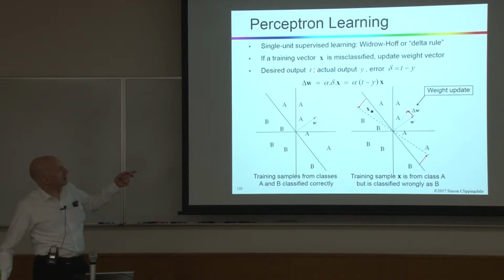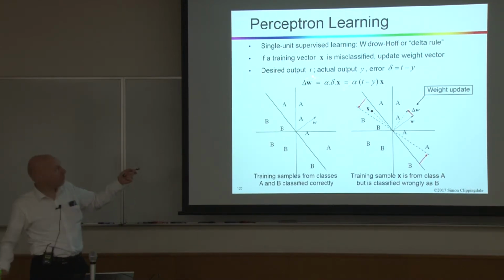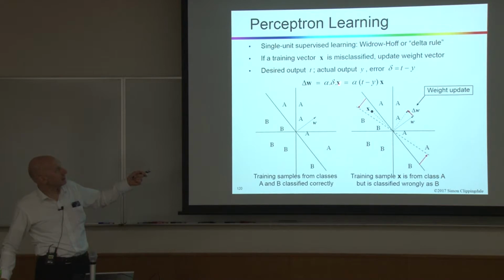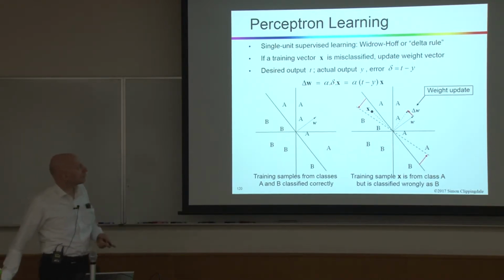So if your desired output is t and your actual output was y, so that your error is this thing called delta, t minus y, the learning rule is that you increment, slightly shift the weight vector by this thing, which is some constant times delta times the input. And that's why it's called the delta rule, this thing.